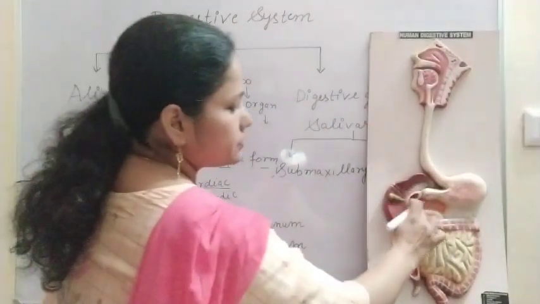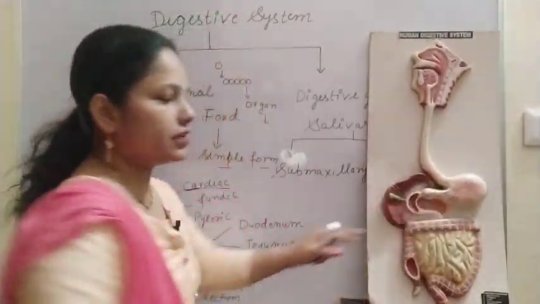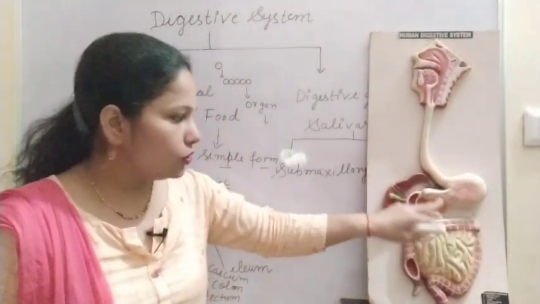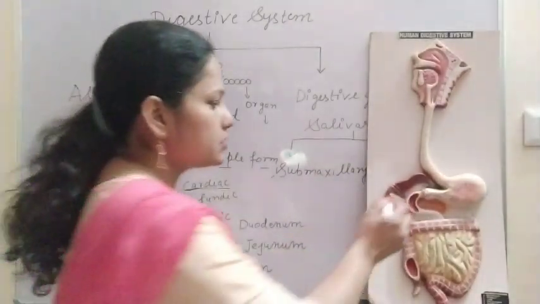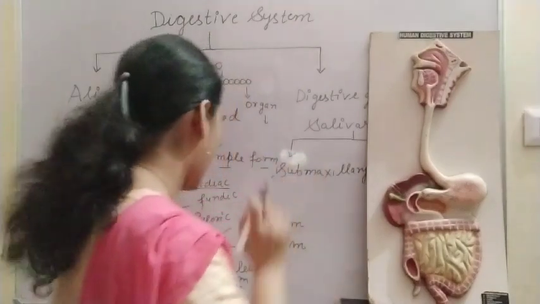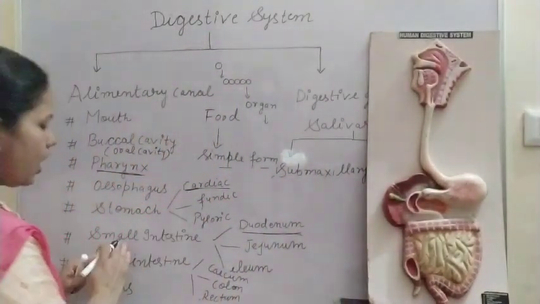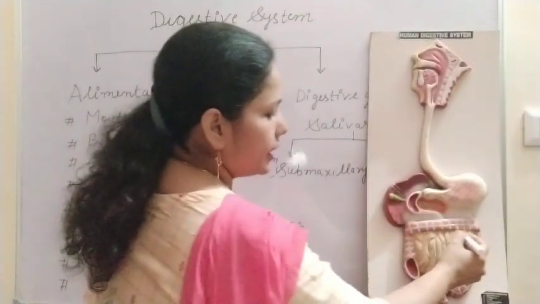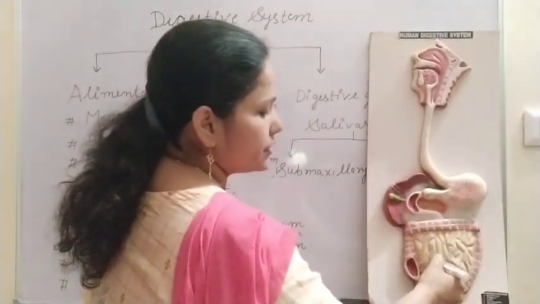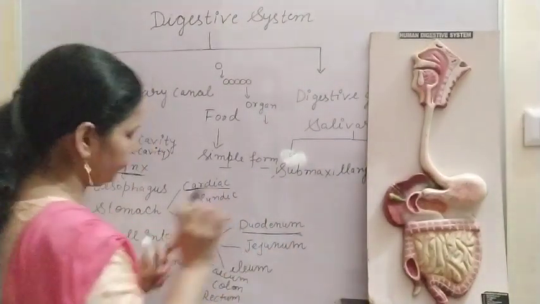After that, it is the small intestine. The first part, directly attached to the stomach, is this C-shaped part, known as the duodenum. After that, a highly coiled part is present, and this highly coiled part is the jejunum.